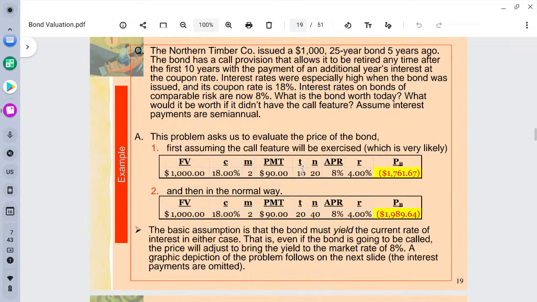So then T will be 5, N will be 10. It was calculated as if we were at time 0, but now we are at time 5.